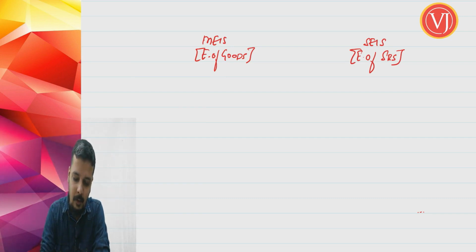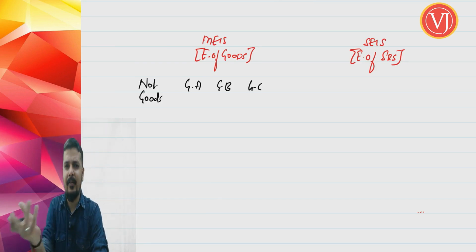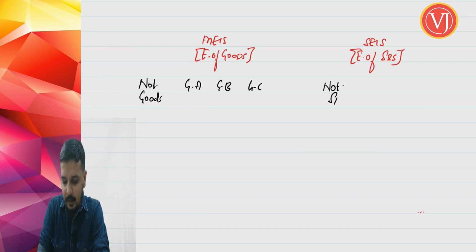So the goods should be notified goods, and it is for notified countries. Group A country, Group B country, Group C country, and certain countries will not be covered in any of these groups. Whereas your SEIS script is for notified services to any country.